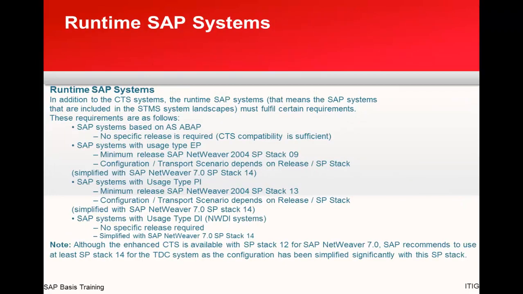Okay, runtime SAP systems. In addition to the CTS system, the runtime SAP systems, that means the SAP systems that are included in the STMS system landscape, must fulfill certain requirements. These requirements are as follows: an SAP system based on AS ABAP, an SAP system with usage type EP, an SAP system with usage type PI, and an SAP system with usage type DI, that is NWDI.